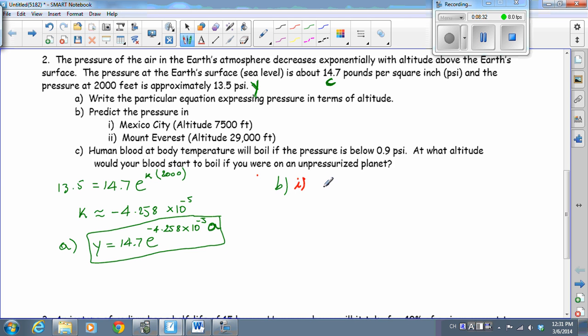So for 7,500, you should get 0.681 psi. Note that I'm not doing it on my calculator, but I expect you to do it because this is how you learn. For the second one, you should get 4.276 psi.